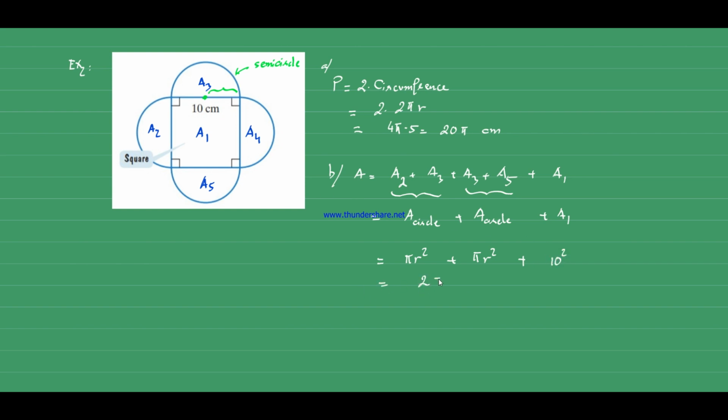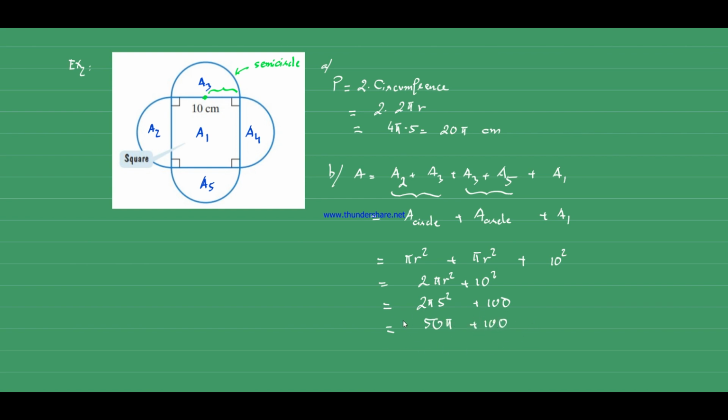That gives you 2 pi r squared plus 10 squared. Radius is 5, so 5 squared is 25, times 2 is 50 pi, plus 100.